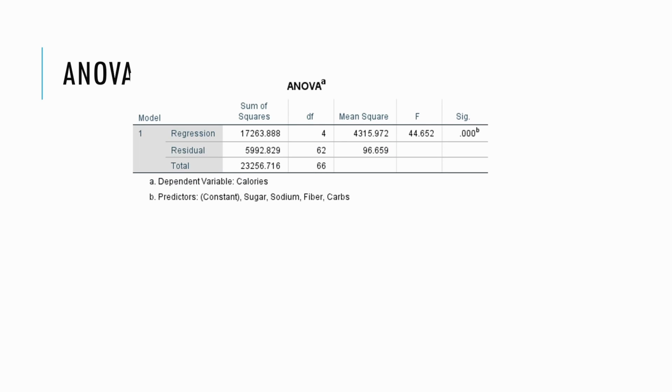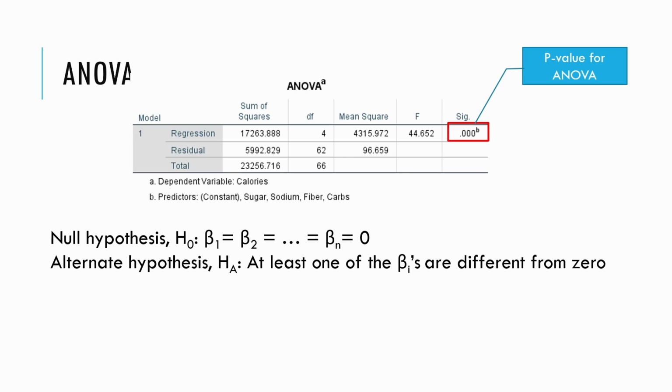So these are the parameters that need to be covered in the model summary part. And so what is the next part? Next part is the ANOVA, you know very well. So in the ANOVA, first of all, we check the significance value, that is the p-value of ANOVA. And what is the hypothesis? We have already discussed this, but in this case, the hypothesis is a little bit different from the simple linear regression. What is the null hypothesis?